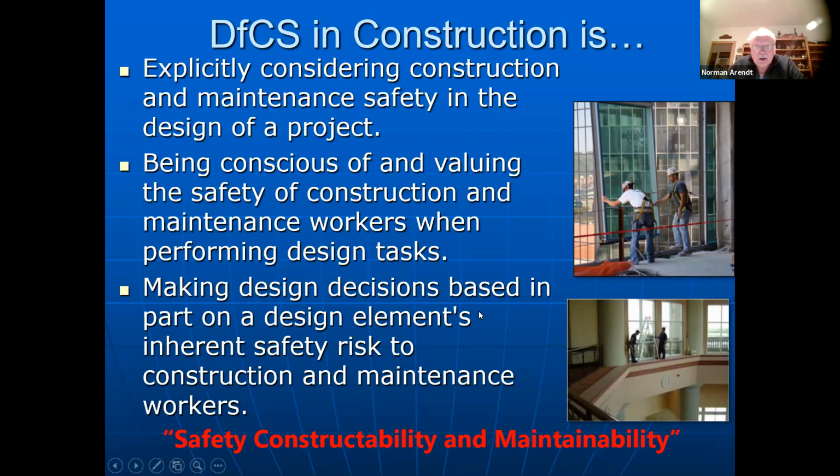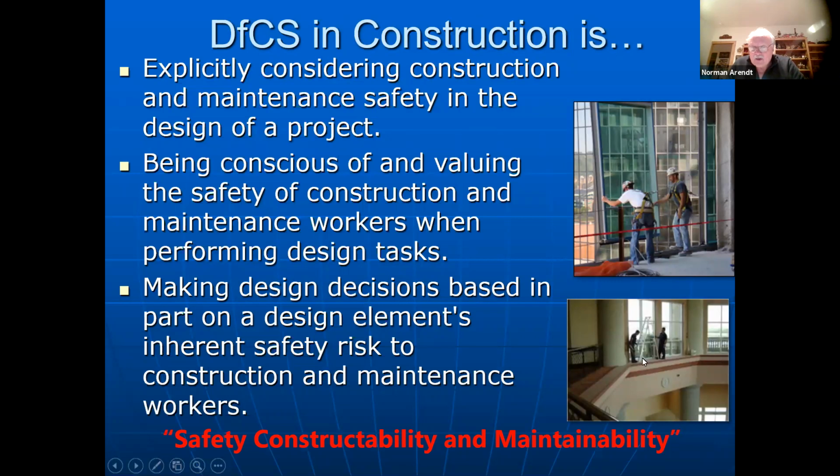Then we go on to making decisions based in part on the design elements' inherent safety risk. What is the risk? If you look here, this lower picture is in the rotunda of the state capitol. And that is where they have to place the ladder to wash the windows.